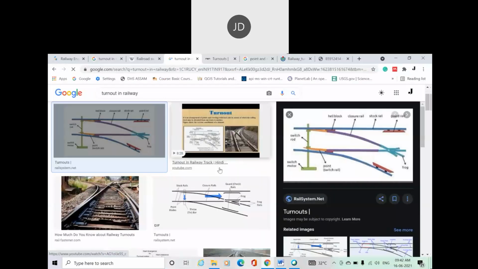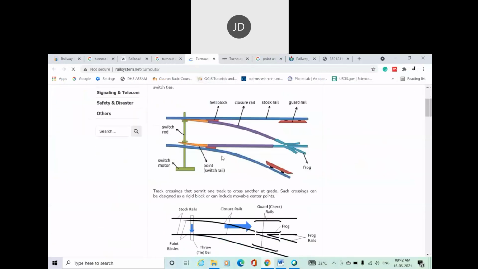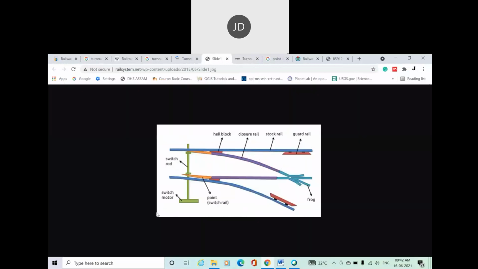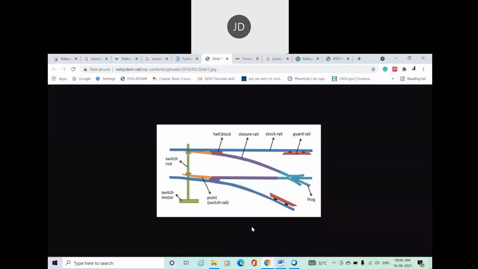Yeah, I think it is there. So you can see this is a simple diagram I'm showing you. Can you identify which section is known as point, which section is known as crossing?